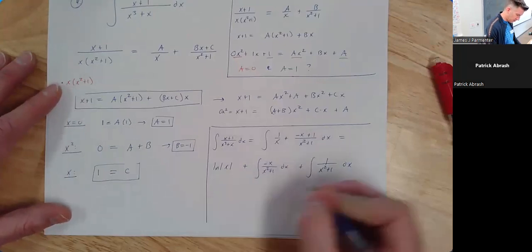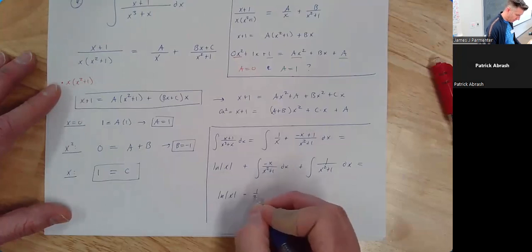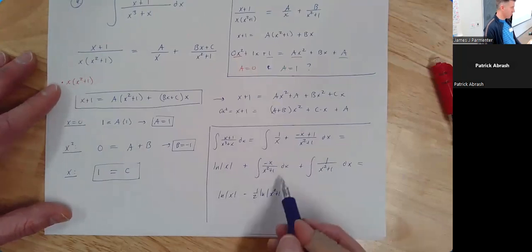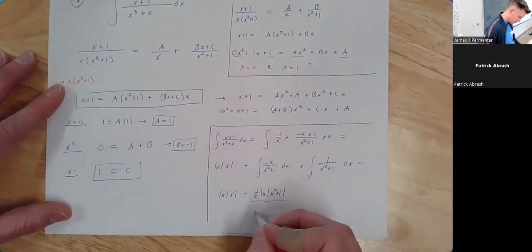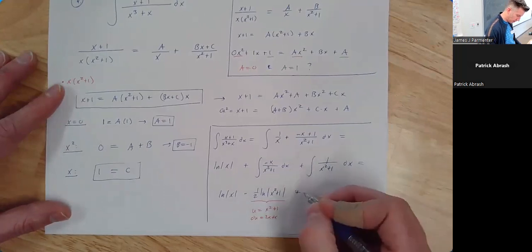So we're going to end up getting the natural log of the absolute value of x minus 1/2 the natural log of the absolute value of x squared plus 1, because we did a u sub where u was equal to x squared plus 1 and du was 2x dx. And then arctangent of x.